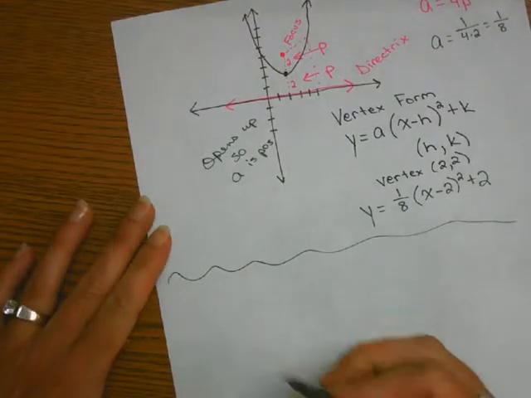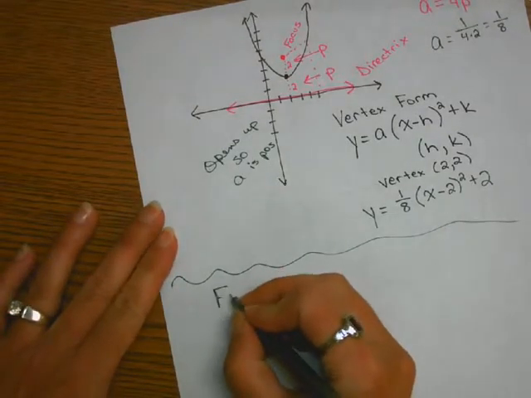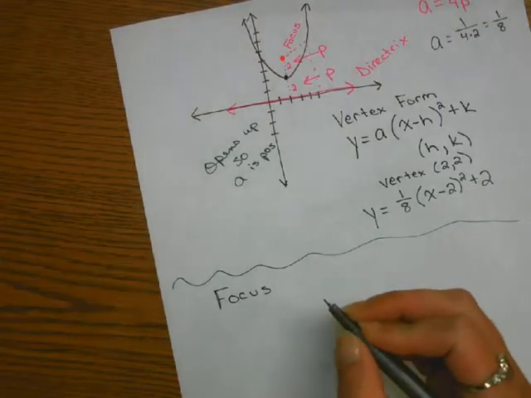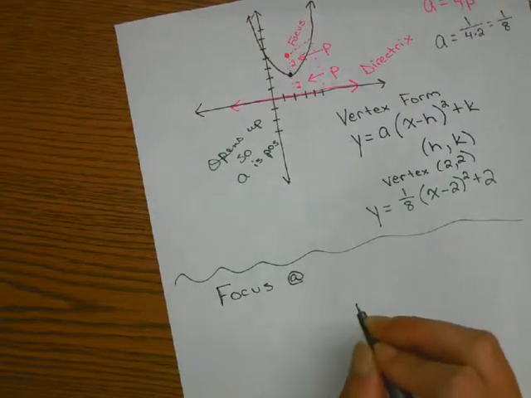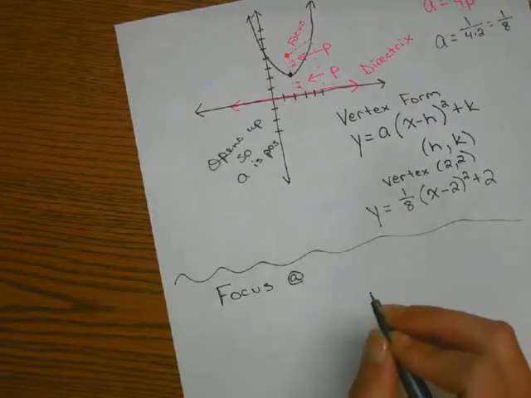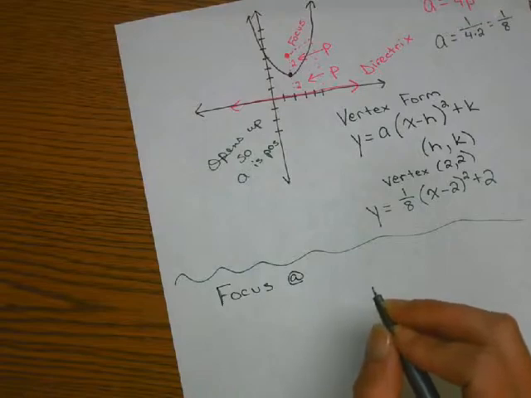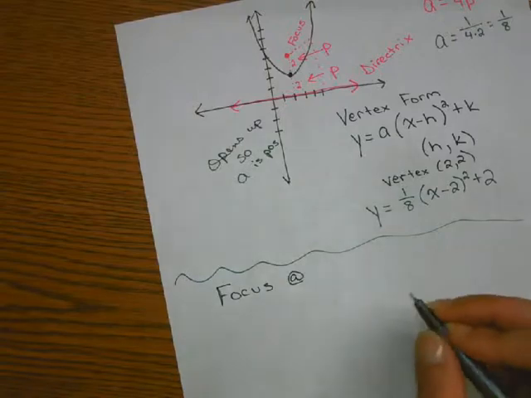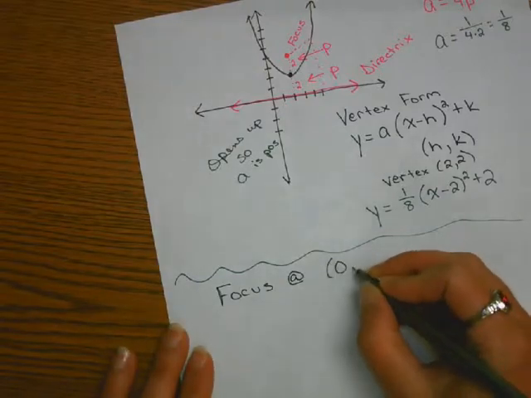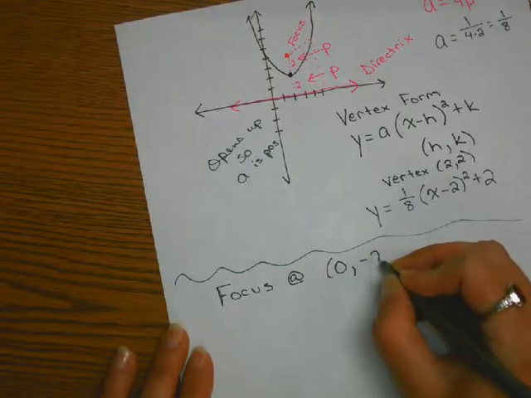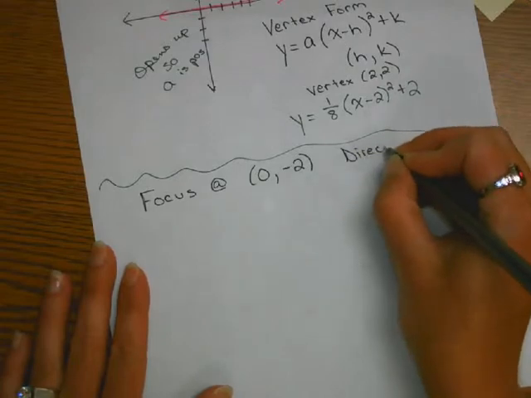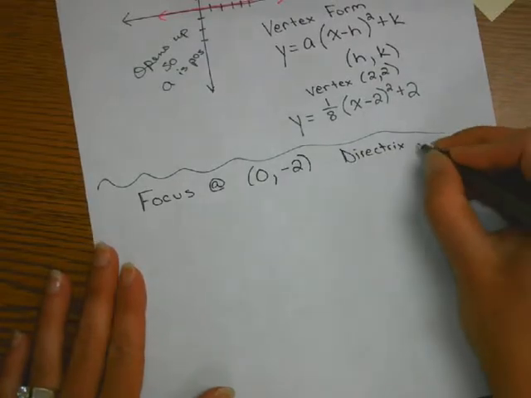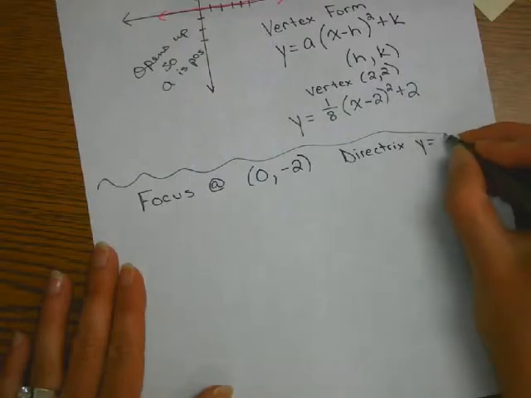Okay, so let's say I told you that the focus was at 0, -2. Oops, sorry. And the directrix is the line y equals, let's say, 6.